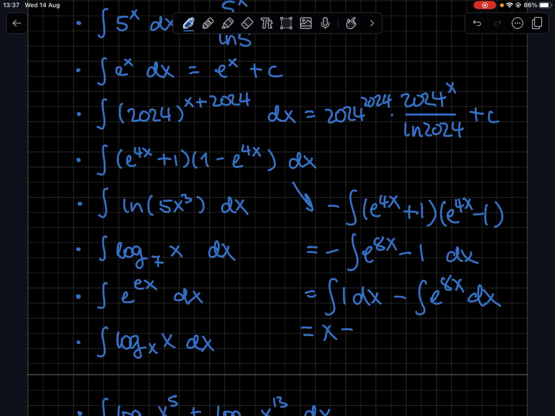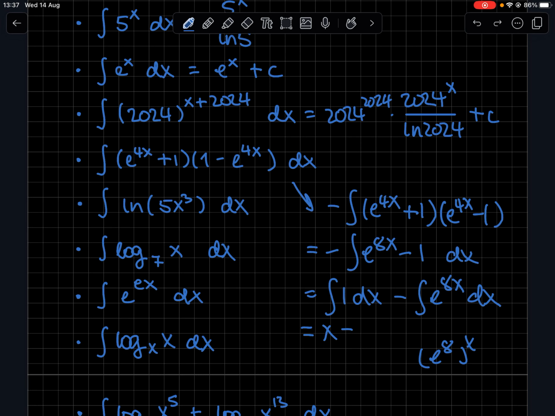going to be, well, we can consider this as e to the power of 8 and then to the power of x, where e to the power of 8 is just a constant.